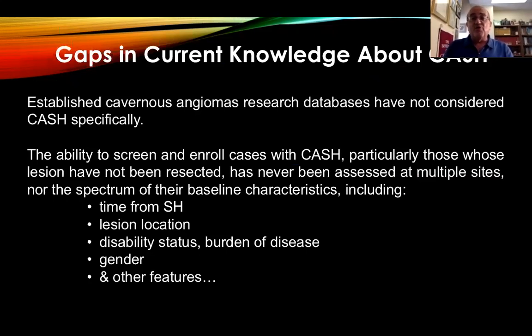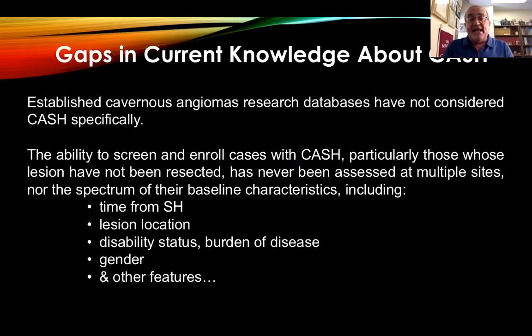And therefore, we have to show that there are CASH cases at the centers that want to do trials in order to be able to say we want to do a trial. Nobody's going to give us $5 million to do a trial if we don't know whether we have the patients to do it.